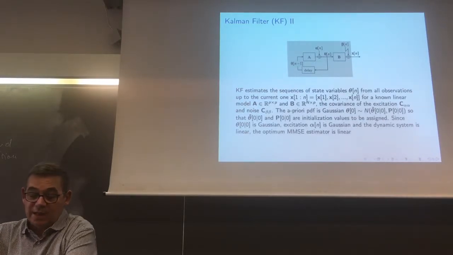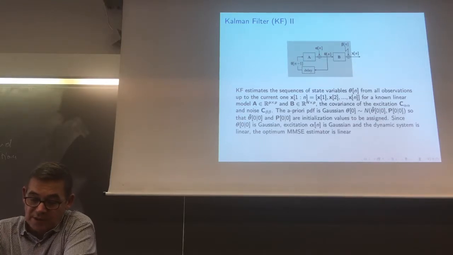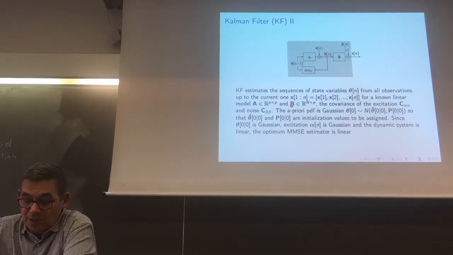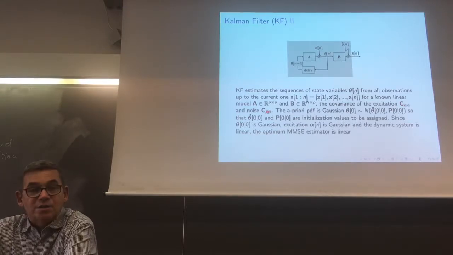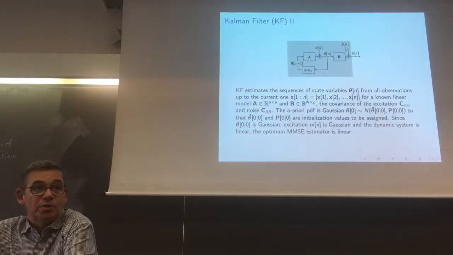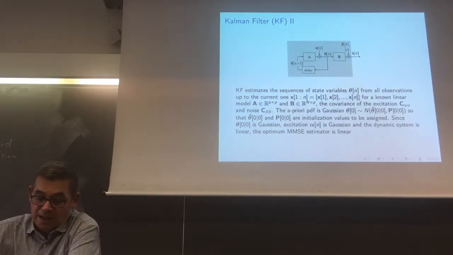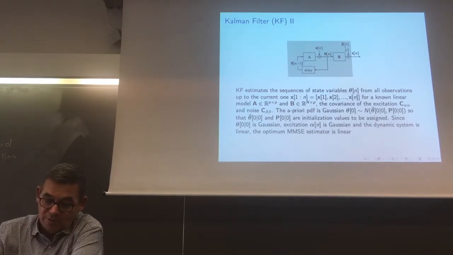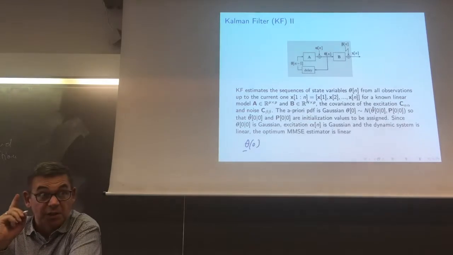So, as I said, the Kalman filter estimates the evolution of the states. I'm simply repeating: knowing the model, knowing the input-output relationship, knowing the covariance of the state, knowing the covariance of the noise. And what I need to do is initialize. So the initial condition is that I know theta 0, which is the initial condition.